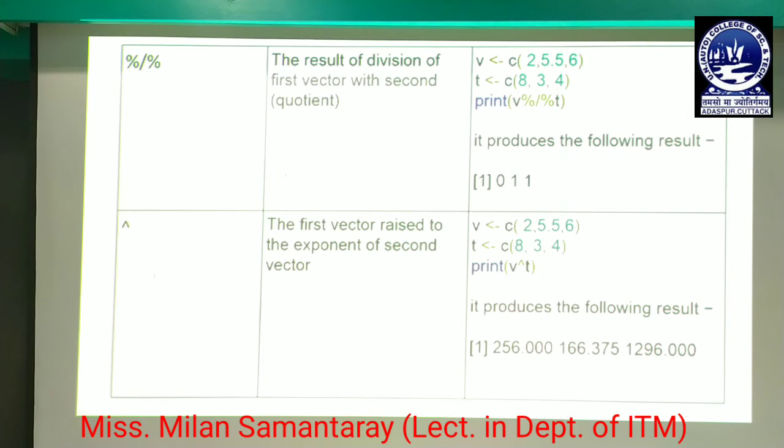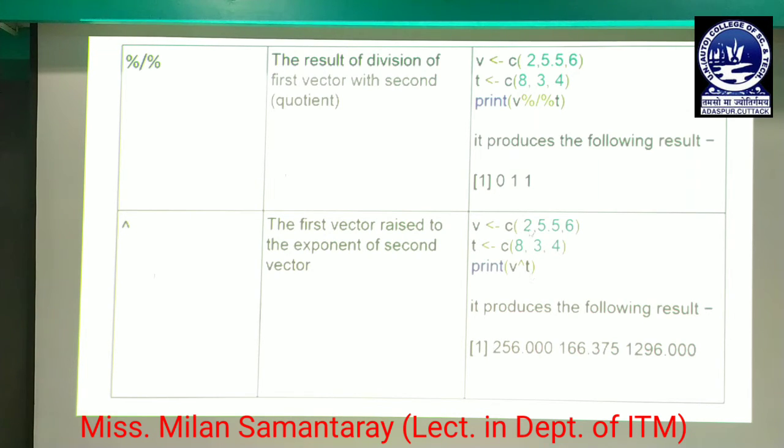The operation of this operator is to give the power of some elements. That means when we have to write, suppose, 2 to the power 3, we have to give the print like this: 2, then the symbol, then 3. So, it will display the result as 2 to the power 3, and when we want to raise the elements of the first vector to the power of the elements of the second vector, we have to write like this.